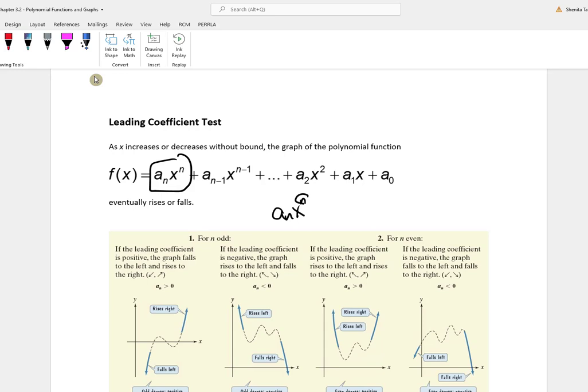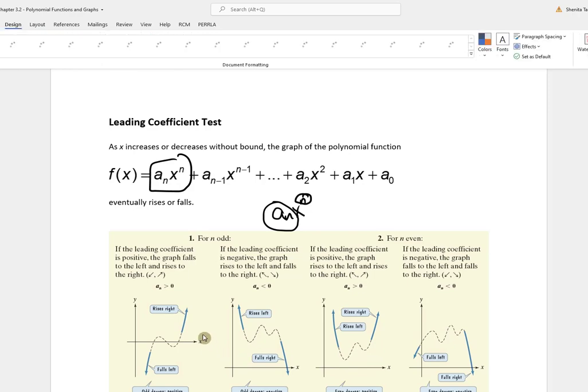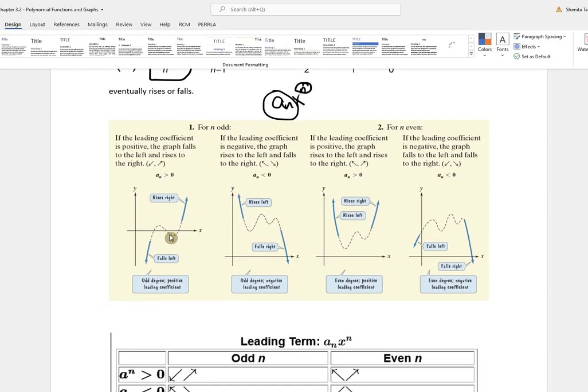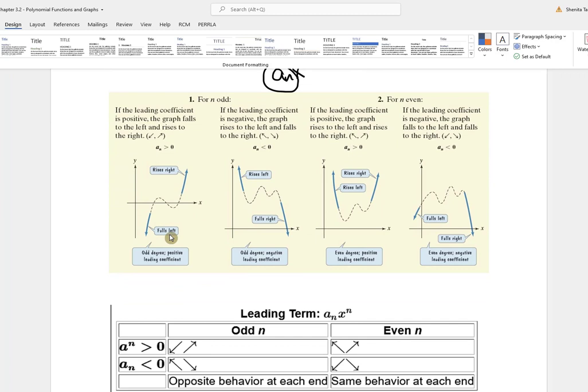If this exponent is odd and the leading coefficient is positive, then your graph will fall to the left and rise to the right. And this is what you see here. It falls to the left, rises to the right.